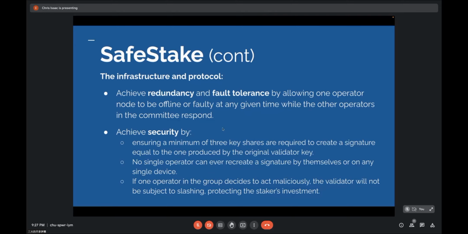And if one operator in the group decides to do something they shouldn't, act maliciously, try to double spend, or do something the network isn't going to like, it's going to be quickly noticed, and that operator will be taken out of the equation, and then the other three are going to run it. So the validator isn't going to get slashed. And really, what does that mean? The investment is protected, bottom line.